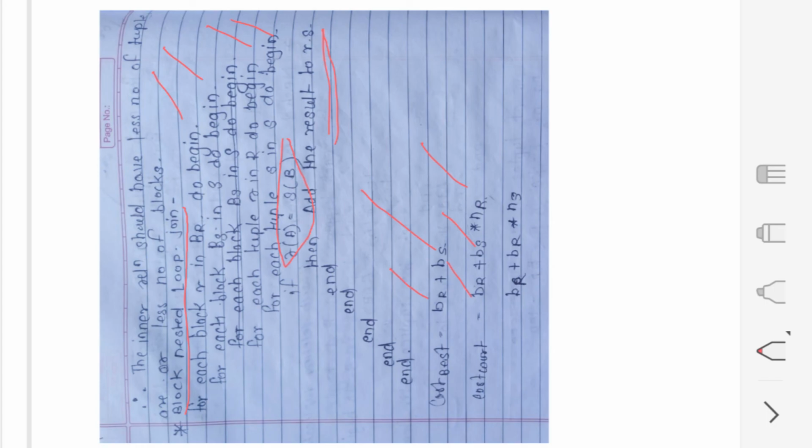If my inner relation is having less number of blocks, it will be BR into BS plus BR into NS, or BS plus BR into NS. So this will be the total cost, right?